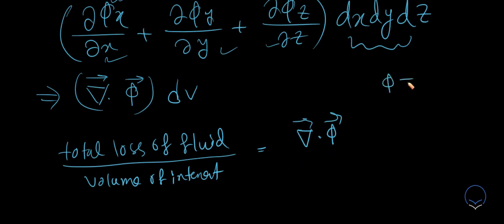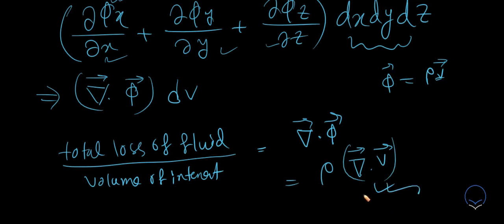But remember, phi was defined as rho v, where v was a vector, so I'm just giving these arrows right now, and rho is a scalar, so you can bring out this rho and write it like this. So this is the physical application or the geometrical interpretation of divergence. It tells you how much of the fluid is actually diverging out.